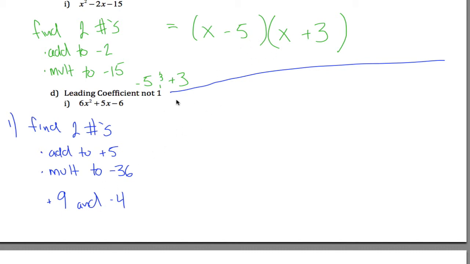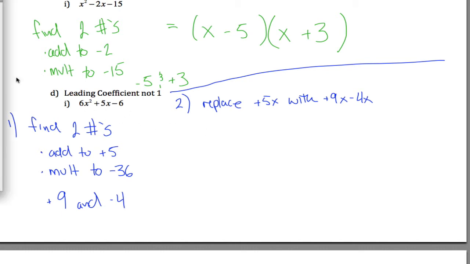We instead go to step 2, where you replace your middle term, that positive 5x, with what you just figured out. So positive 9x and minus 4x. Take these things that you just figured out, put an x on them, and that's what you replace your 5x with. What I'm saying is let's change this from 6x squared plus 5x minus 6.